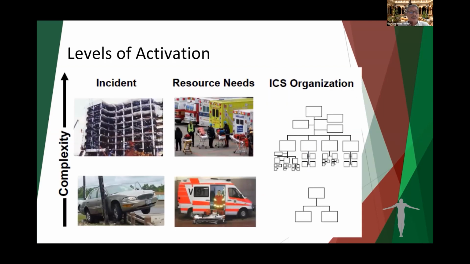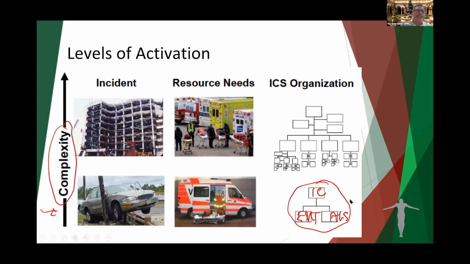Now, we're talking about the flexibility of the incident command system. As the complexity of the incident increases from a very simple incident, let's say a simple vehicular accident, the ICS structure will be maybe as simple as this. You have there the IC, and then you have here the EMT, or you may also have the ALS, the Advanced Life Support Group.